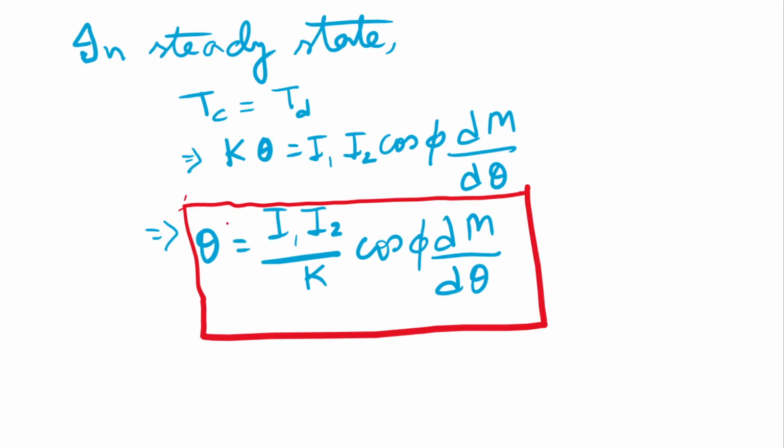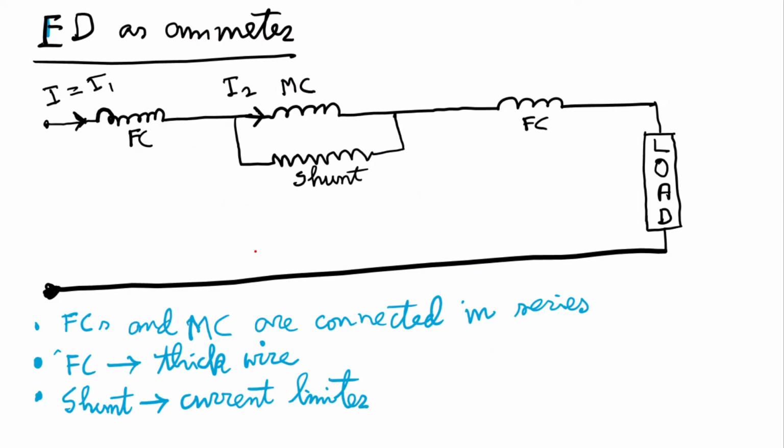So that is the complete torque equation for AC operation in the case of an electrodynamometer type instrument. I1 is the current through the fixed coil, I2 is the current through the moving coil, and φ is the angle between the two fields. Now we will be talking about the electrodynamometer type instrument as an ammeter.